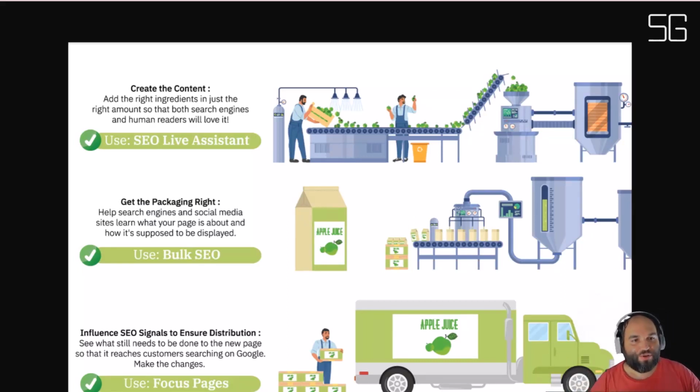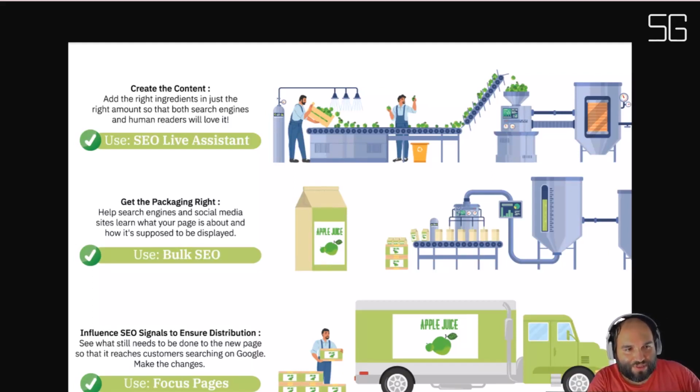So does it make sense? I hope it does, because with the SEO Live Assistant, you actually create the perfect juice, and then with the bulk SEO, with the snippets, the rich snippets, the meta title, the meta description, the open graph, the Twitter cards, those things are just the package. So that's the bottle in which you're gonna place your apple juice, right? So this is like, I think this is the easiest and the clearest way to explain it. So with SEO Live Assistant, what you're actually doing is you're creating the content.